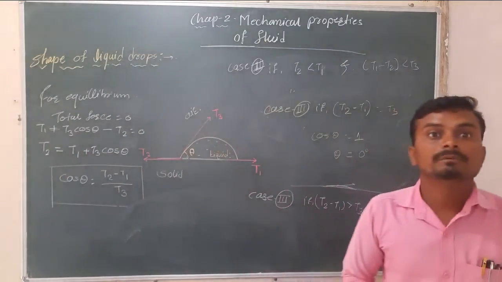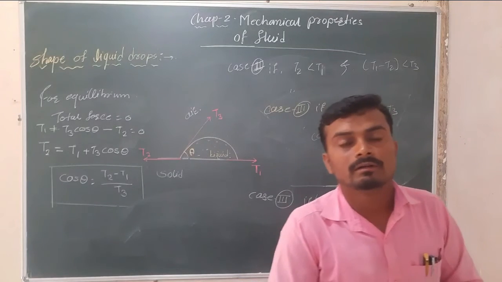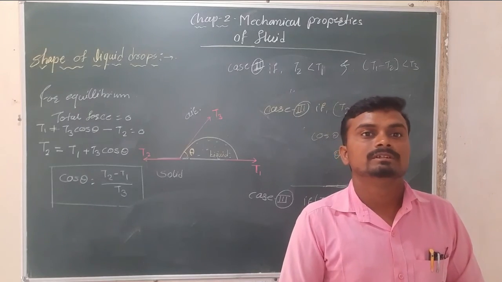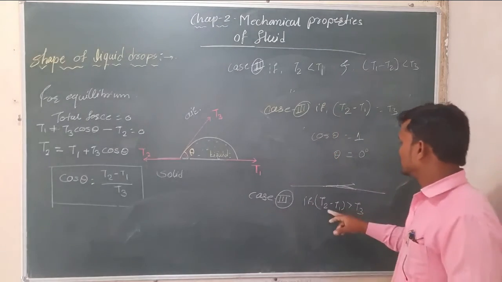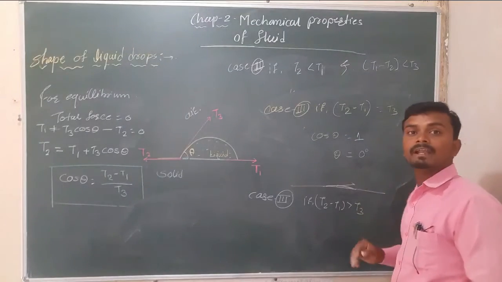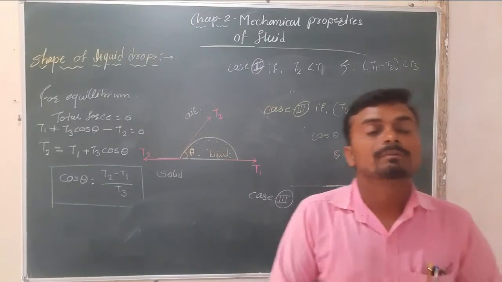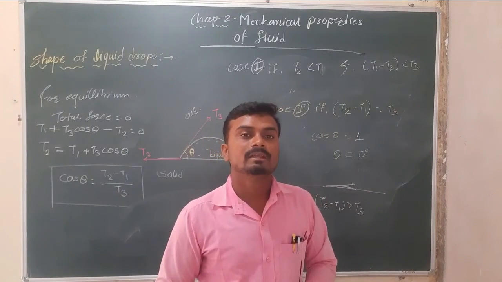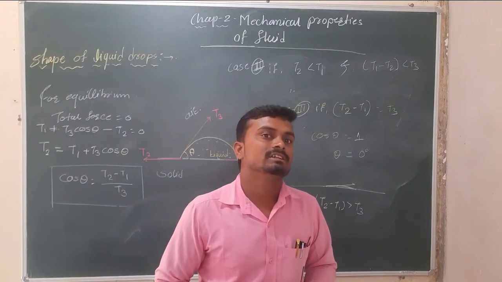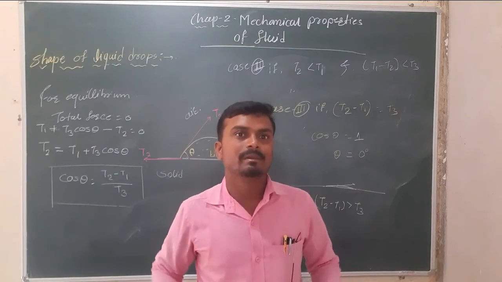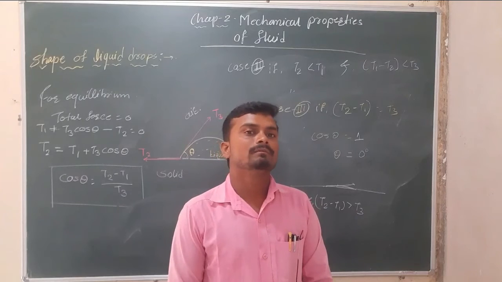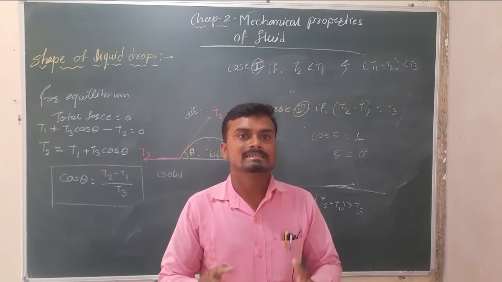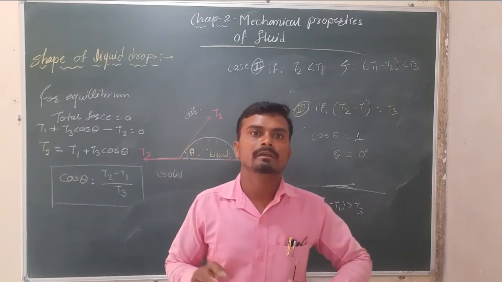Then the value of cos of theta is greater than 1, which is not possible. Because of that, when we drop a liquid on the solid surface, it suddenly spreads over that surface and the liquid drop does not form. Okay, these are all the cases related to the shape of the liquid drop.